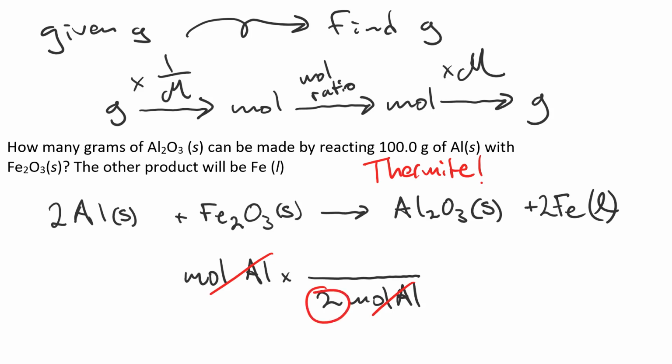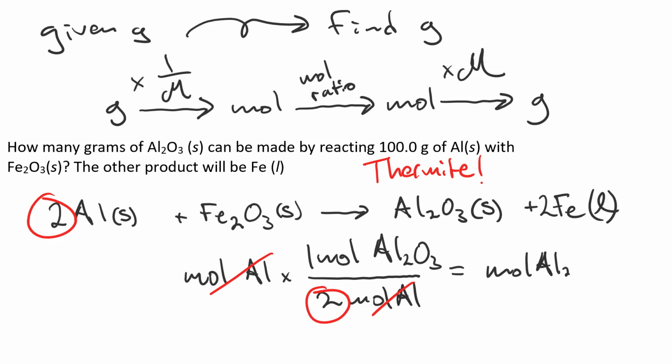And the 2 comes from the 2 in the balanced chemical equation. On top, we have 1 mole of Al2O3, because the coefficient on Al2O3 is 1 in the balanced equation. This will give us moles of Al2O3.